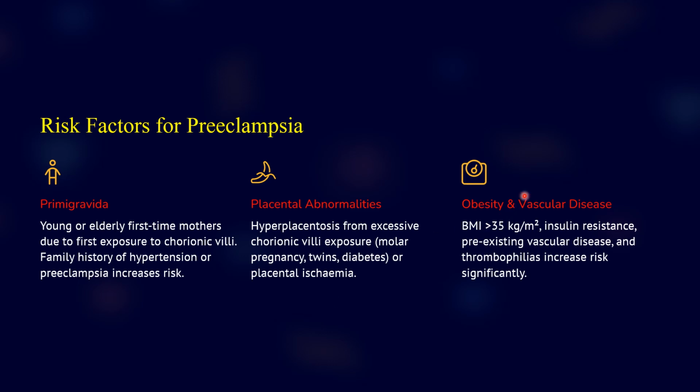Number three, the risk factors are if the mother is obese or has a vascular disease. If the BMI is more than 35, and she has insulin resistance, or pre-existing vascular disease, and thrombophilias, these all can increase the risk of preeclampsia significantly.